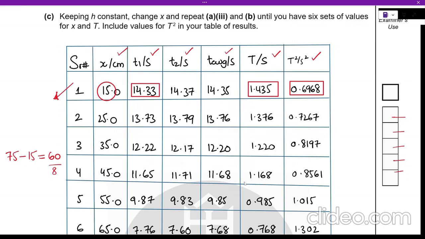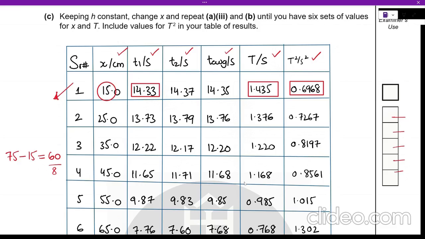So I kept a difference of 10 centimeter in the value of x, like 15, 25, 35, 45, 55, 65. Whenever you are keeping a difference, be very vigilant that it should be a constant difference. It should not be like 5, 10, 20, 50, a non-proportional difference.